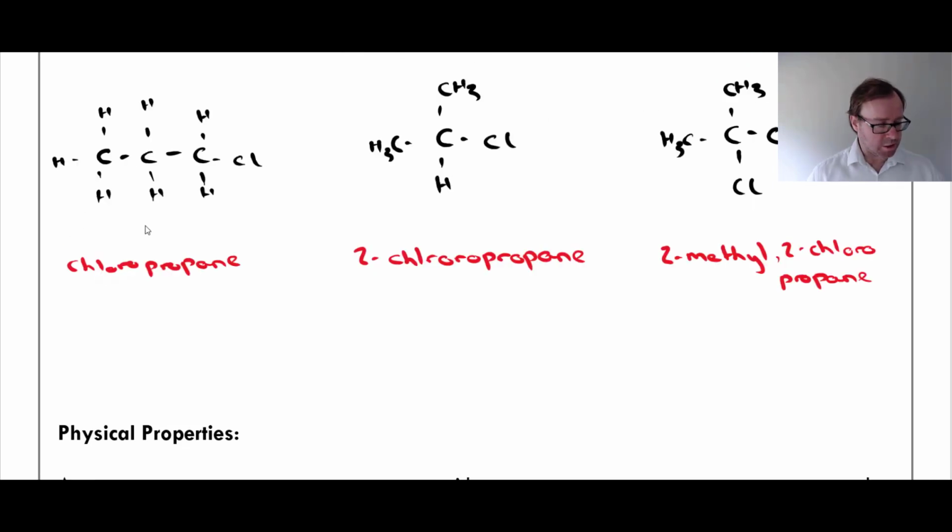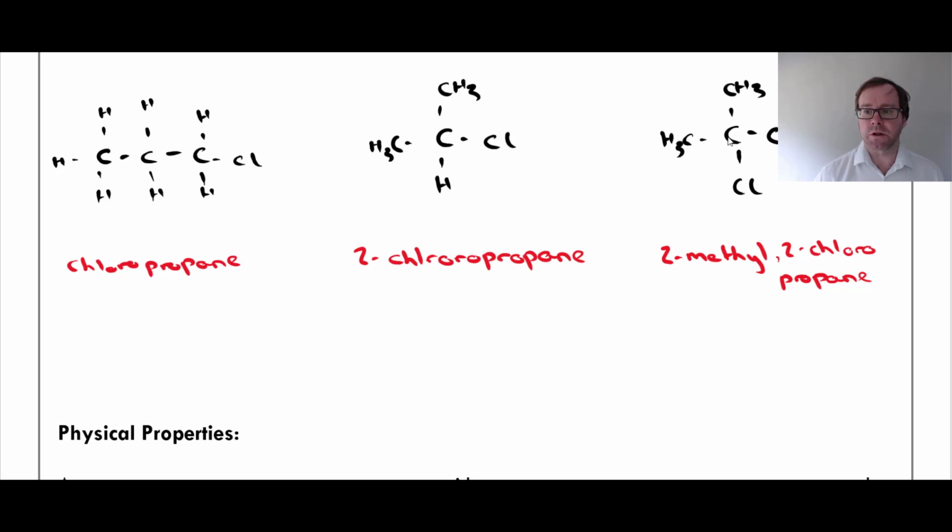As always, when naming organic molecules, we count the longest carbon chain, so 1, 2, 3, so it's prop, and we put the halogen atom at the start, so in this example it would be chloropropane. The middle one, 1, 2, 3, is our longest carbon chain, which means the chloro is on the second carbon, so 2-chloropropane.